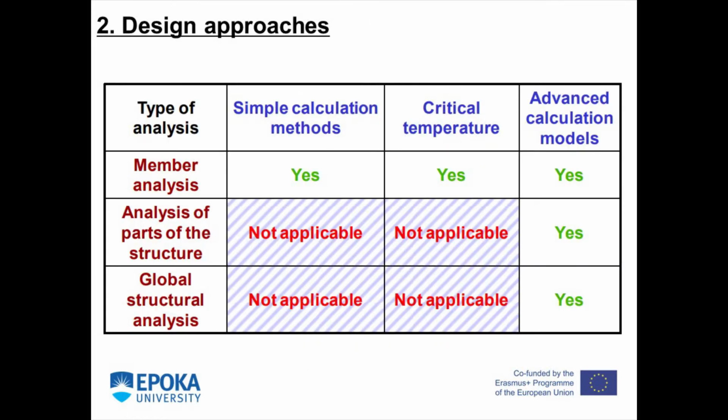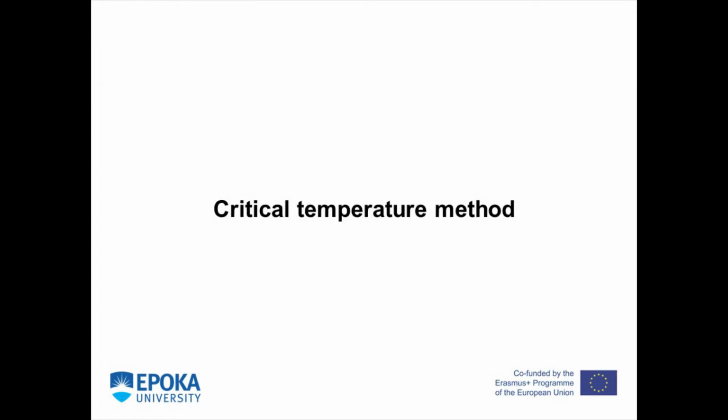For the 3 types of analysis, there are 3 types of methods: simple calculation, critical temperature, and advanced calculation method. In this study, we focus on the critical temperature method.